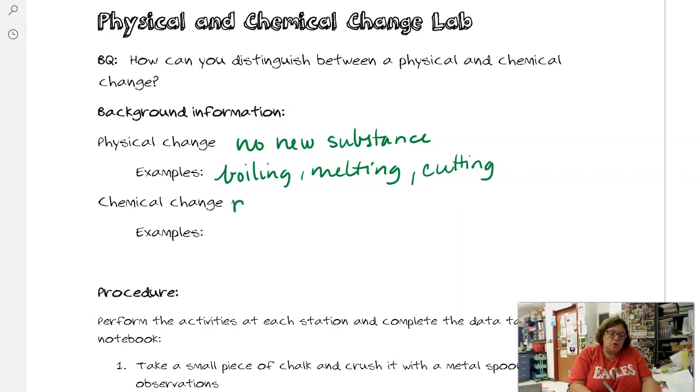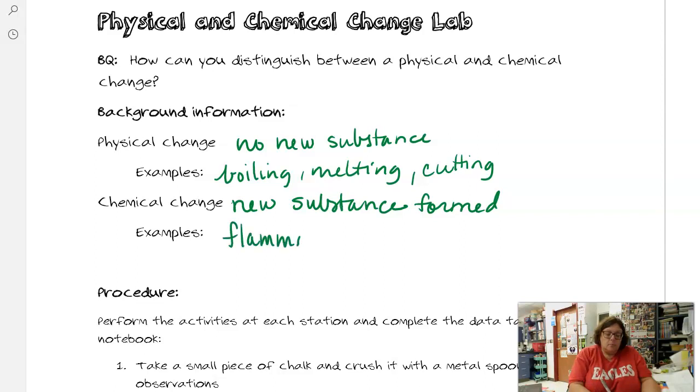A chemical change is when a new substance is formed, and examples of that would be: if something is flammable, that means it can catch on fire and a chemical change occurs.